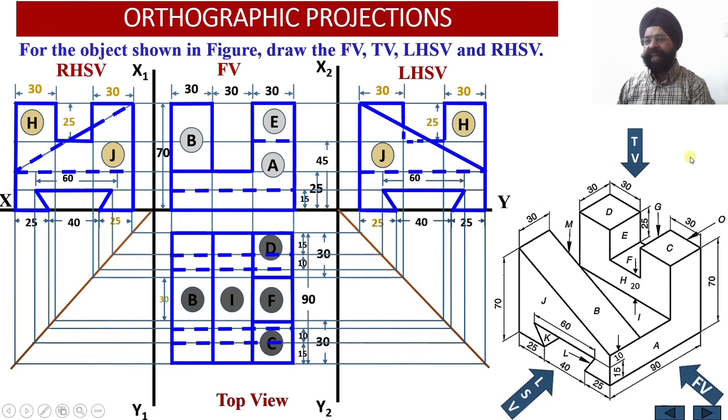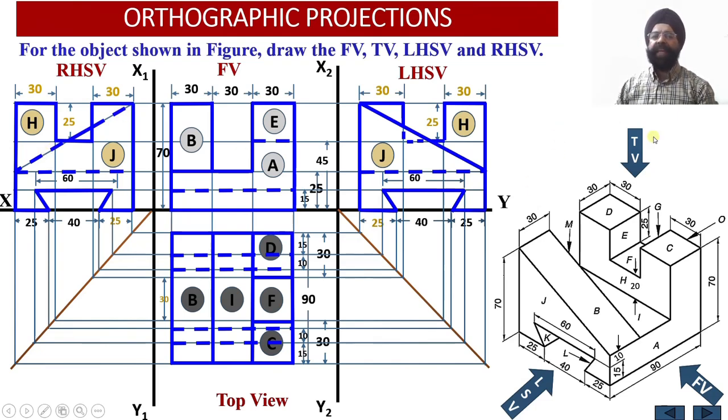Similarly from the right hand side, priority has to be given to this vertical web over here. So the vertical web we have drawn as dark, and whatever portion of the inclined web goes behind this particular vertical web over here will be drawn as dotted lines.